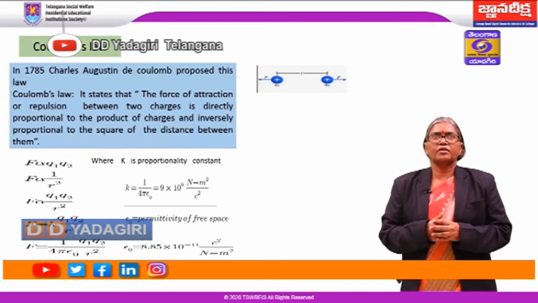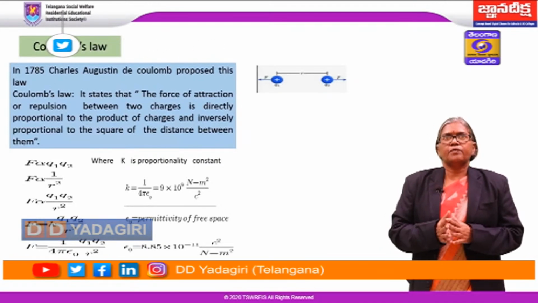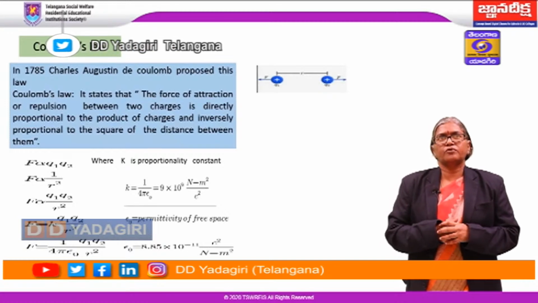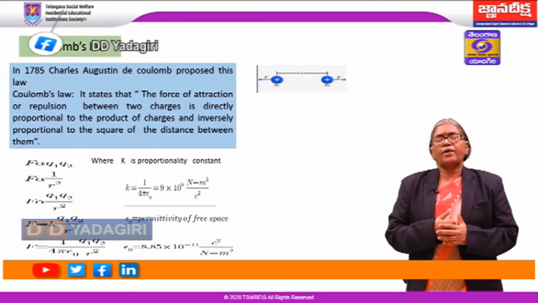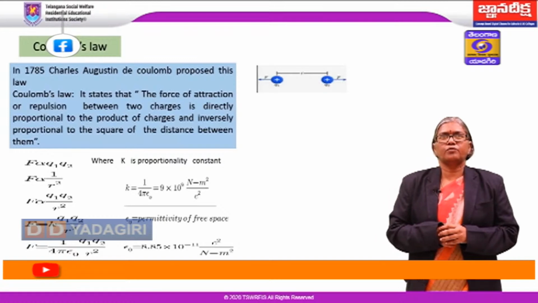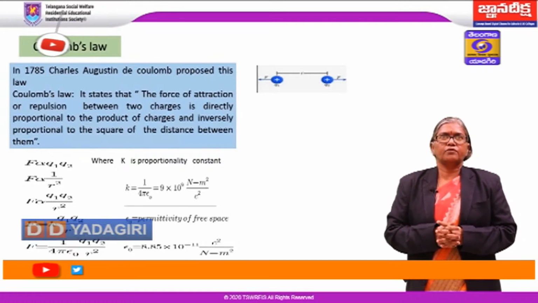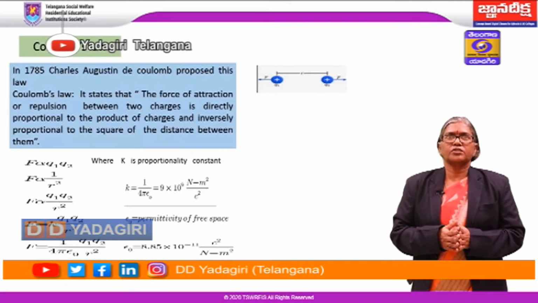Q1 and Q2 are the two charged bodies. F is proportional to Q1 Q2 and F is inversely proportional to R square, distance square. If you combine these two, you can write F proportional to Q1 Q2 by R square. If you remove the proportionality constant, we get F is equal to K Q1 Q2 by R square.